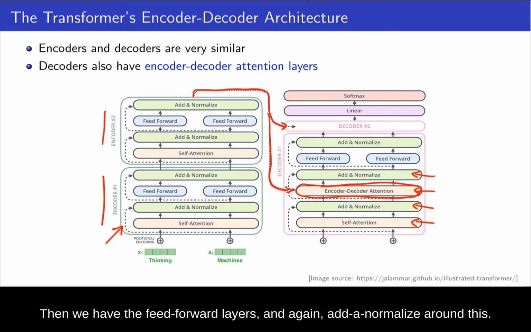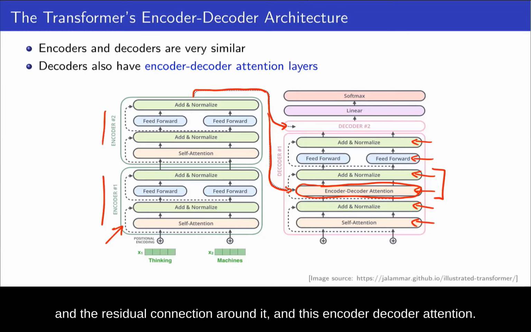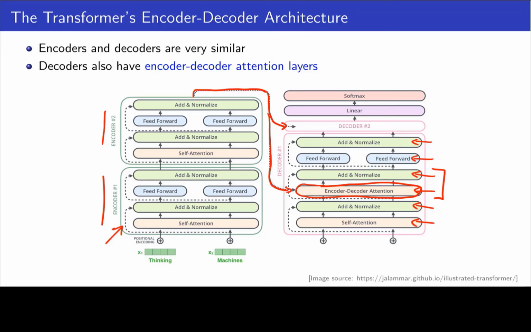Then we have the feed-forward layers, and again, add and normalize around this. So this part here is new compared to the encoder, which is this encoder-decoder attention and the residual connection around it. And this encoder-decoder attention is very much the same as we saw before when we looked at attention in the context of RNNs.